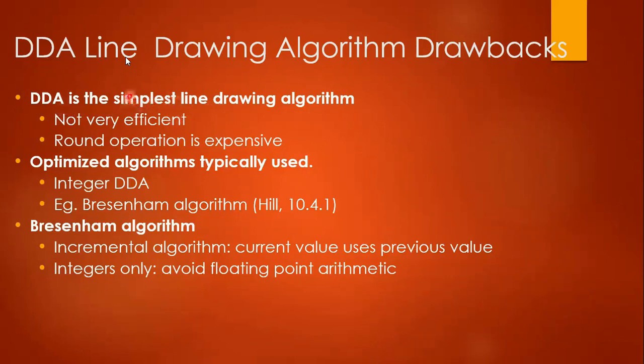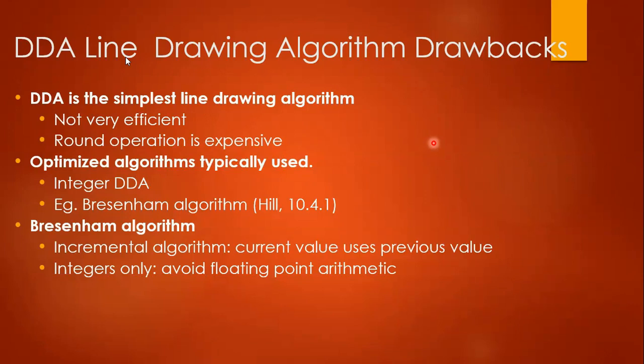But even if it is the simplest, it is not very efficient, because across the DDA algorithm you had certain calculations, like calculating the slope, delta y divided by delta x, and you had to calculate x increment. X increment was equal to delta x divided by steps, is it?